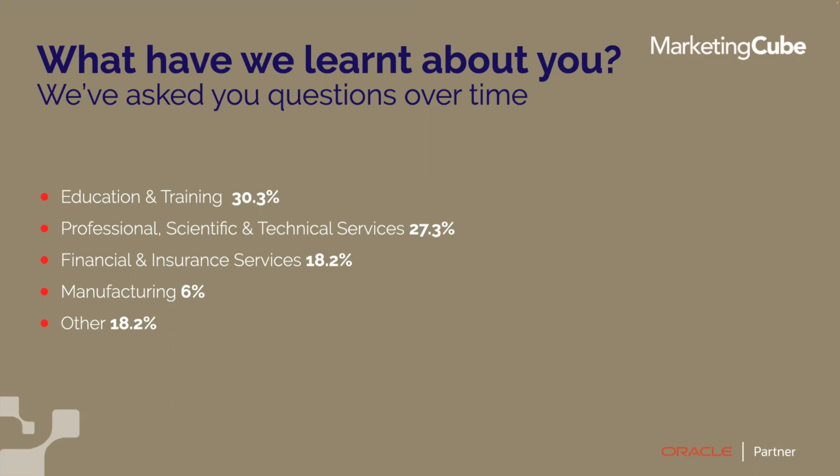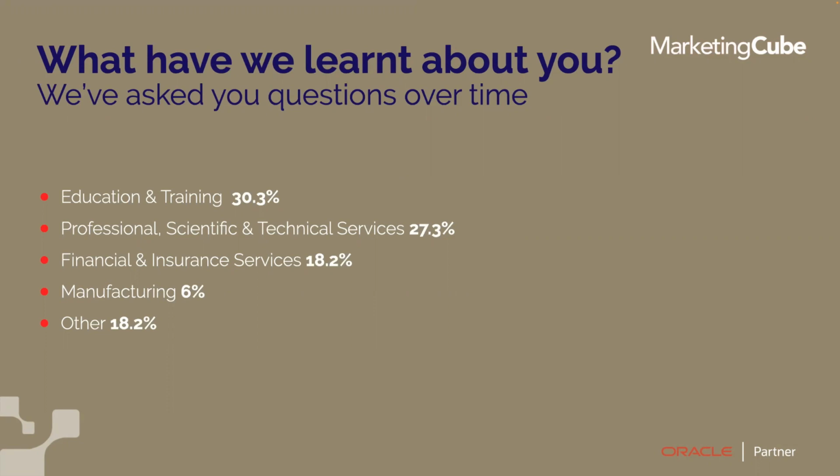Then professional, scientific, and technical services, covering IT companies, professional services, accounting, law firms, advisory firms, financial and insurance services, manufacturing, and the rest make up other at about 18.2%.